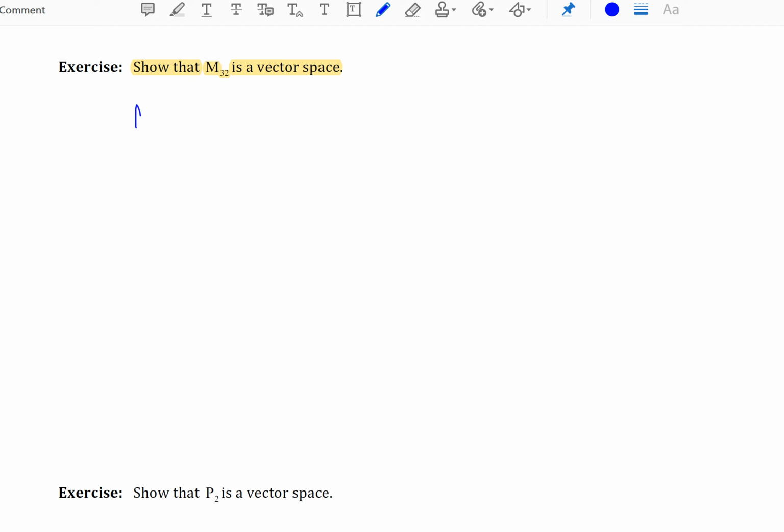M32 is the space of 3 by 2 matrices, 3 rows, 2 columns, that might have elements A, B, C, D, E, F, such that A, B, dot, dot, dot, F, all of our entries, are elements of the real numbers.